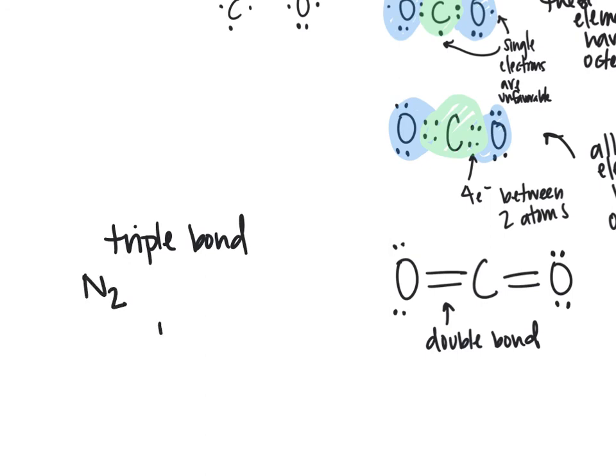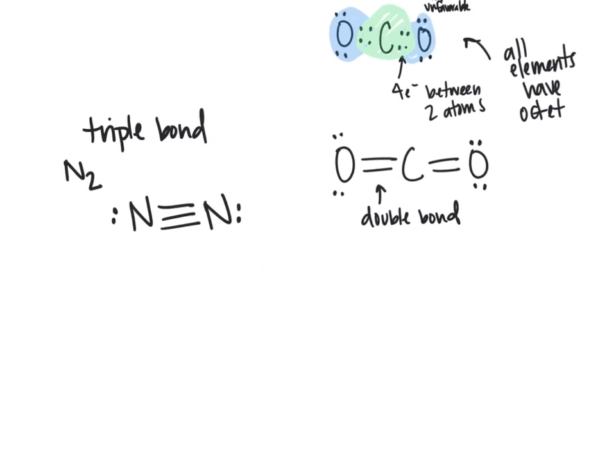So N2. In this case, we have nitrogen with 6 electrons between it, and a triple bond. And so in this case, all of these elements have octet, to where nitrogen has 8 electrons, so all have octet.